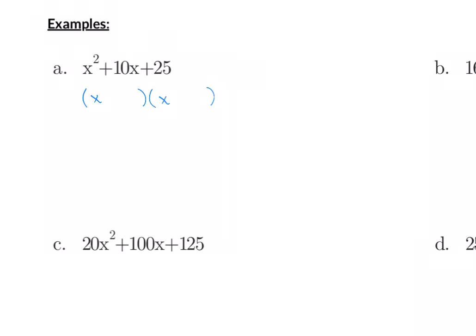Things that multiply to 25, again, since this is a perfect square trinomial, I want something times itself, so I want 5 and 5. And again, our rules still apply. In order to multiply to positive 25, we have same signs, and both are positive.